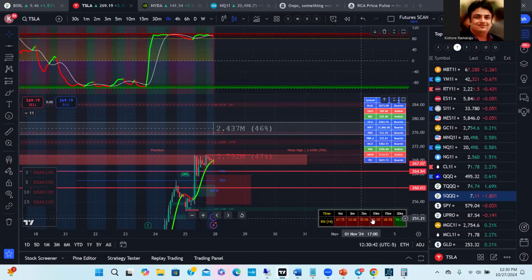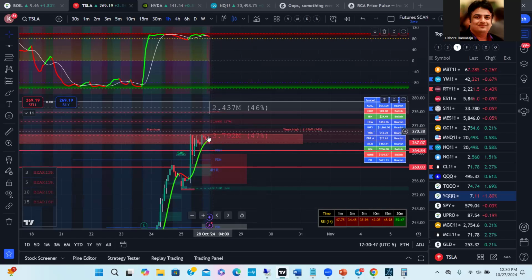All these are slowly turning to red. So tomorrow morning, if I do a bear call spread, it may come all the way to minimum 255. Right? If you buy a put, but if it stays choppy, you are at a risk. But if you do a bear call spread, you sell some 275 and you buy 270, you will make profit 90% of the time.